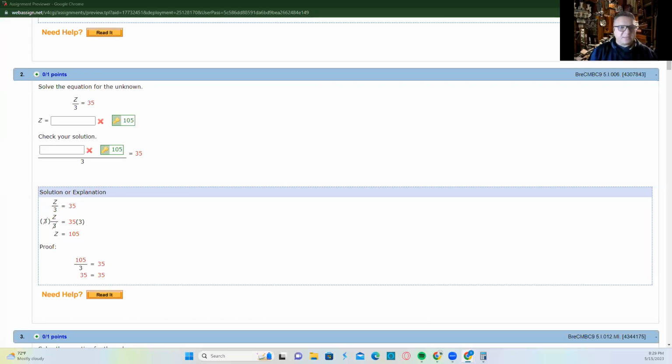Here's the funny thing. If you remove these numbers and put a dot on top and dot on bottom, that's a division sign, right?